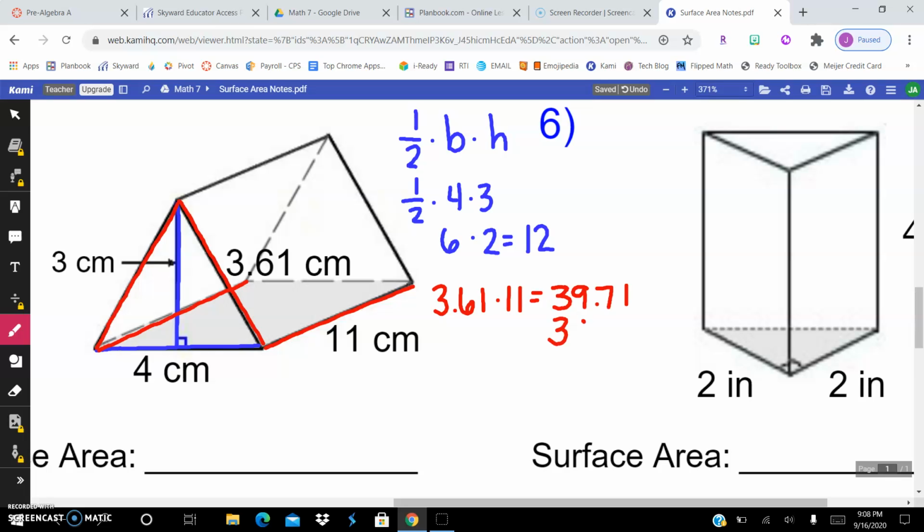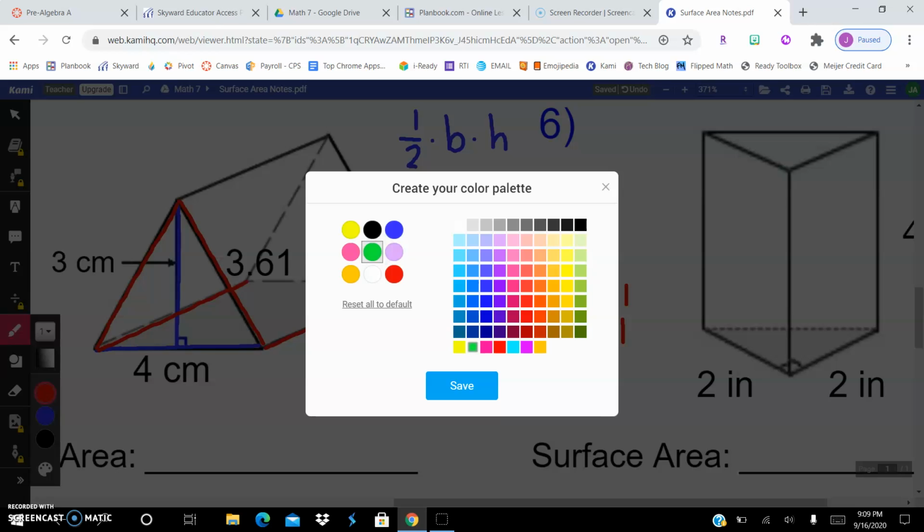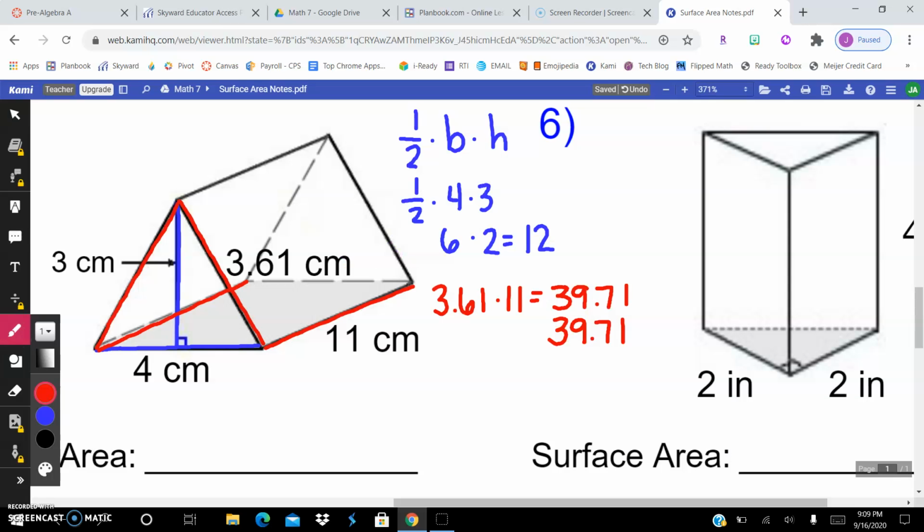So we're going to have another 39.71. And then we have the bottom to look at, which would be 4 centimeters by 11 centimeters. So 4 times 11, that would give us 44.